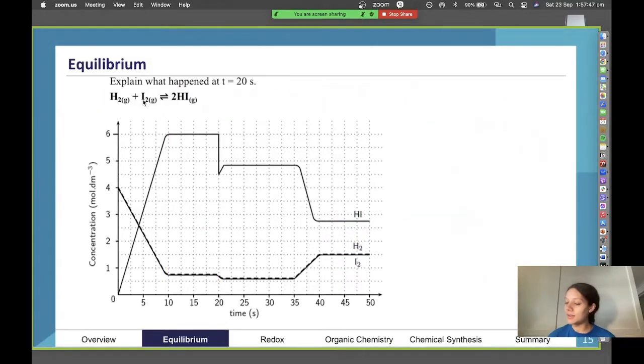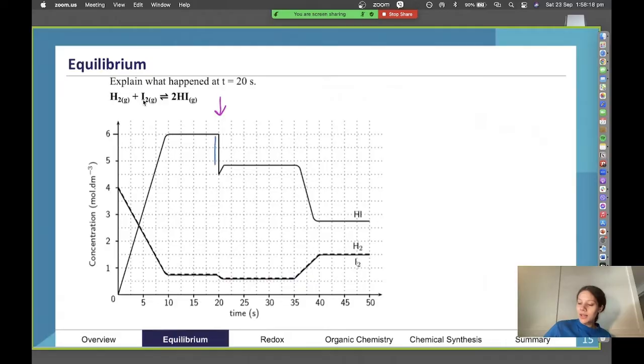Sweet. Okay, next question. Explain what happened at t equals 20 seconds. We're going to look at this time point here. Have a think about what's happened. What I'm going to say here is that we have a very sudden drop in the products, the HI, and what looks like just a really gradual reaction in the H2 and I2.